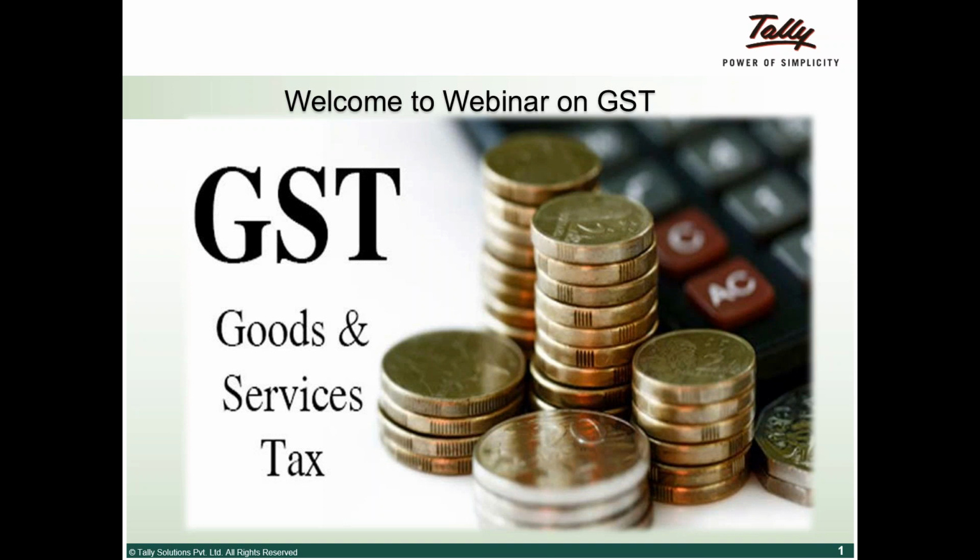There are two kinds of taxes, right? Direct taxes and indirect taxes in the country. Direct taxes are pretty straightforward: income taxes or corporate taxes for companies and things of the sort. The basic difference is that direct taxes are levied on the income that you earn.